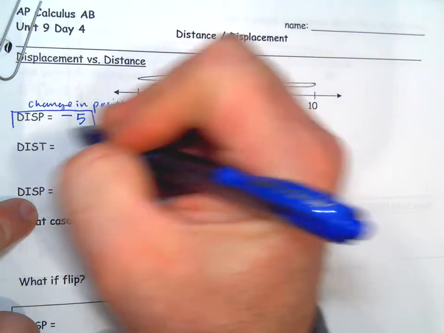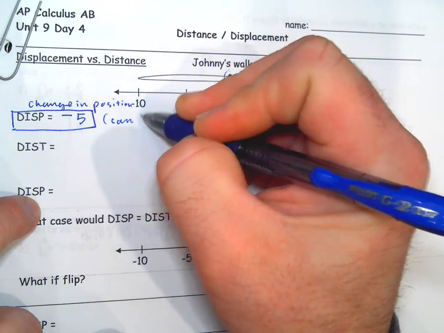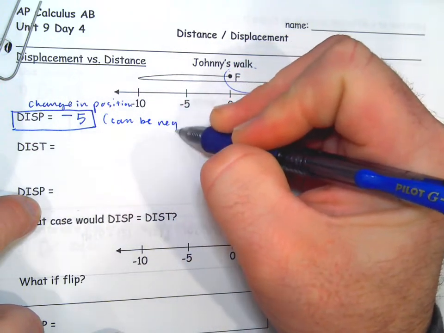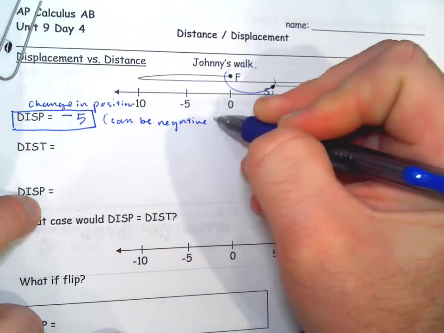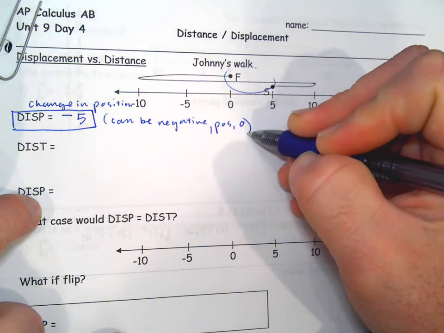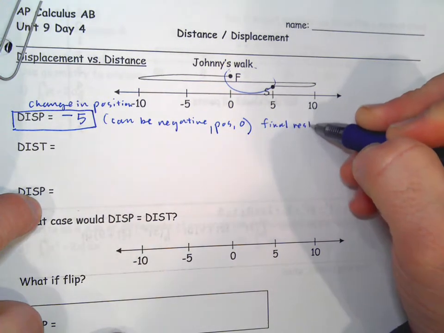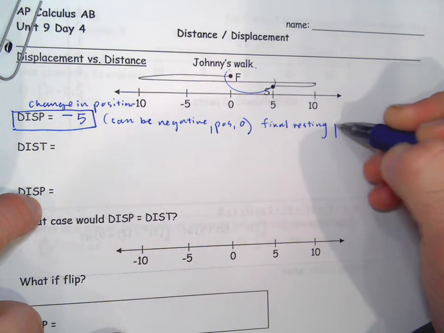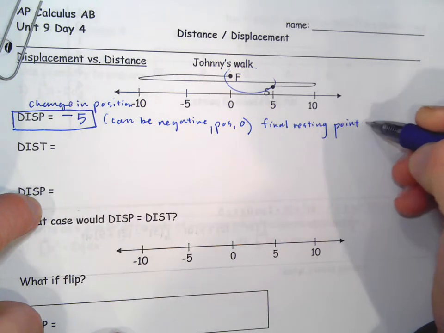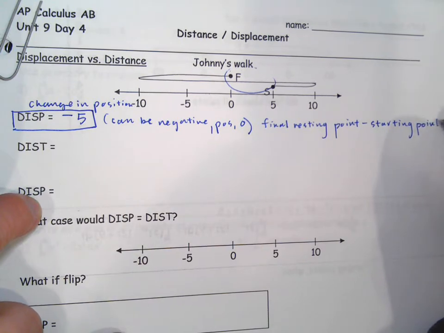It doesn't really matter how we got there. It can be negative, it can be positive, it can be 0. Essentially, it's the final resting point minus the starting point. That's it. Just where you end minus where you begin.